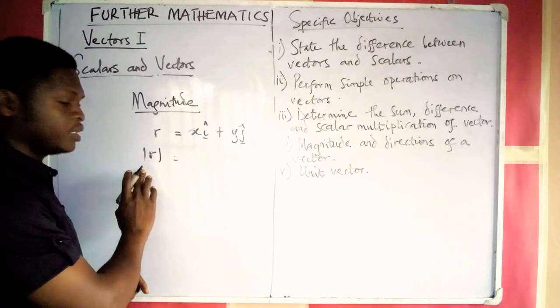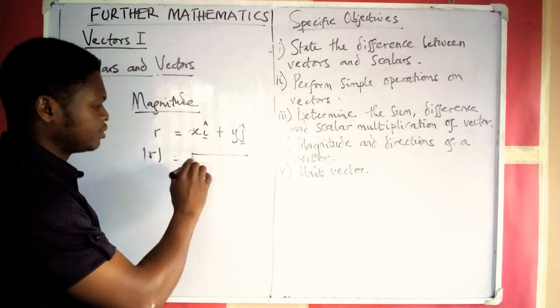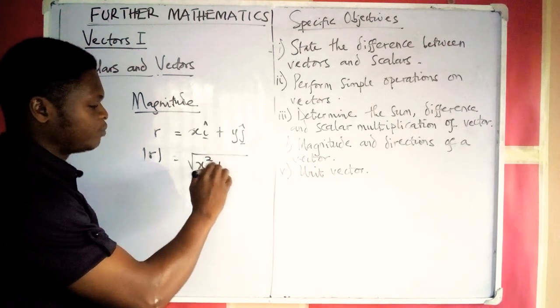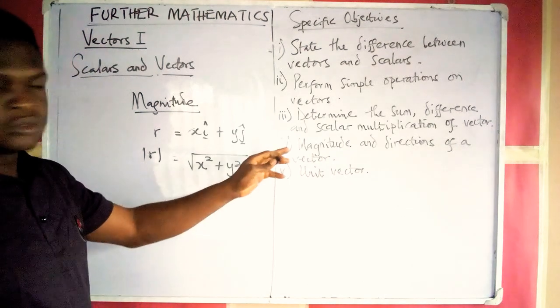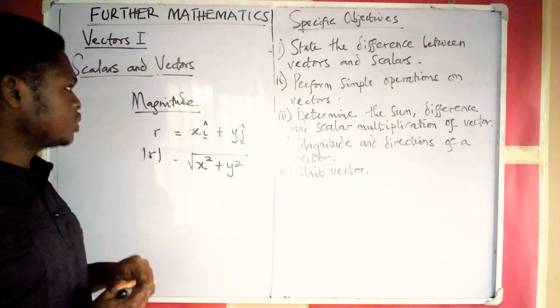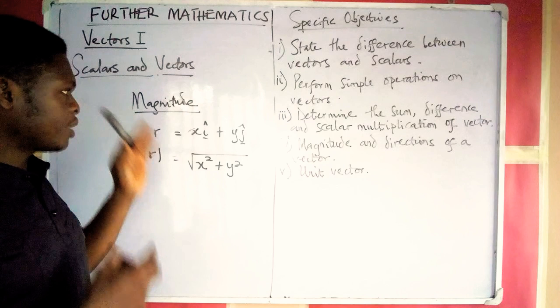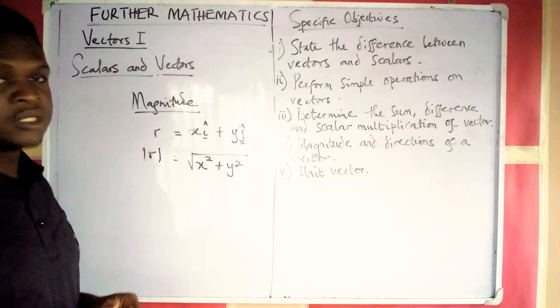So when we find this, we have it as the square root of x squared plus y squared. We will talk about this more when we go to magnitude of vector, but I just want us to talk about those terms that we'll be seeing along the course.